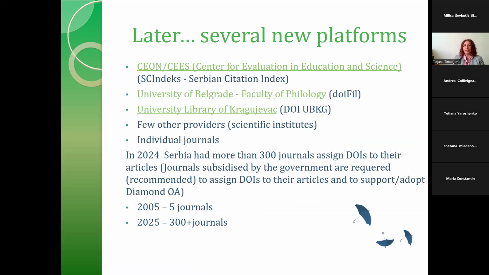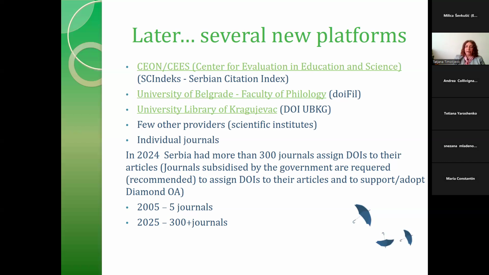During the years, we had several new platforms established. For example, Cindex, established by the Center for Evaluation in Education and Science. After that, the University of Belgrade Faculty of Philology, the University Library of Kragujevac, a few other providers, mainly from scientific institutes, and also individual journals. And now, if we look at the time span from 2005 until 2025, we will notice a huge and significant increase of journals that are equipped and assigned with DOI numbers.